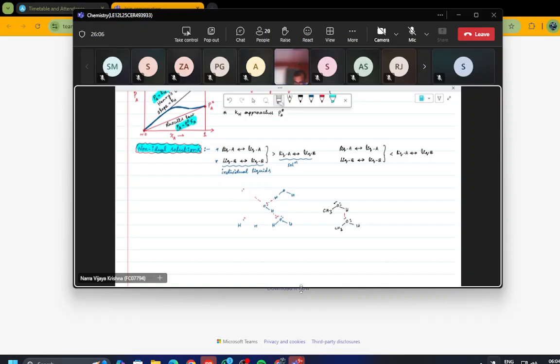Now, observe this case. Now I'm considering the first case. In this case, what happened to the net volume: is it greater than what we generally expected or less than what we expected?